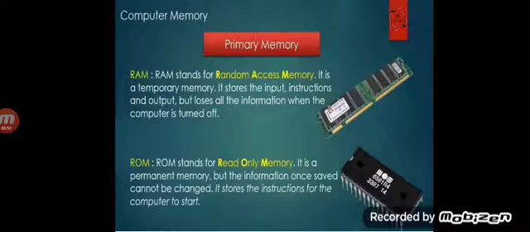Let me give an example. Suppose you are working in MS Paint and drawing something, and suddenly your laptop turns off because of low battery, or your PC turns off because of a power cut. So you have not saved your drawing. And now, after charging your laptop, you restart it or turn on your computer after the power is back, you will find that your drawing is not there.